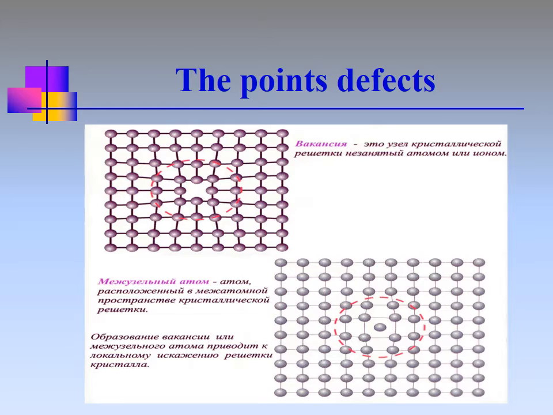The simplest point defects are vacancies, the absence of an atom or ion at the lattice site. Embedded or interstitial atoms and ions are located in an illegal place between the nodes. Interstitial atoms may be both the crystal's own and impurity.